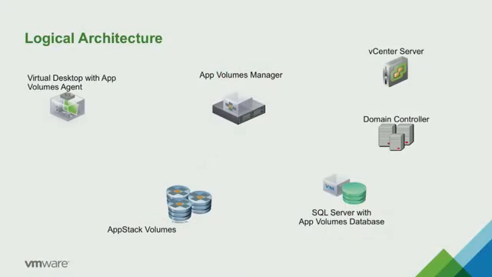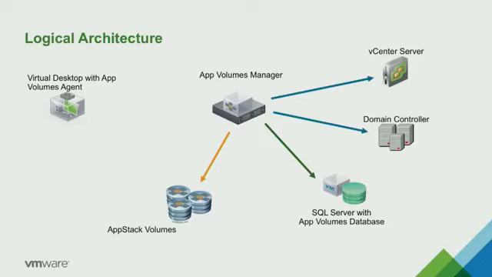Okay, so the big picture architecture of App Volumes, you have your endpoint system, Windows system, VM, with the agent installed. When the user logs on, it communicates with an App Volumes Manager system. The App Volumes Manager system has a database that it looks up that user. It talks to Active Directory, gets that user's group memberships, because you can assign these app stacks based on not only user, AD group, even OU, right?